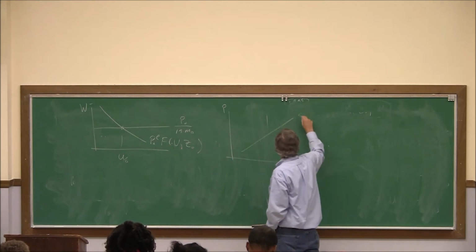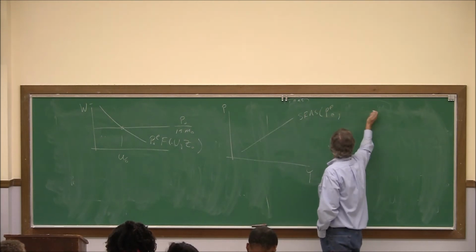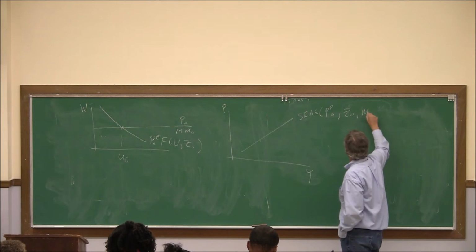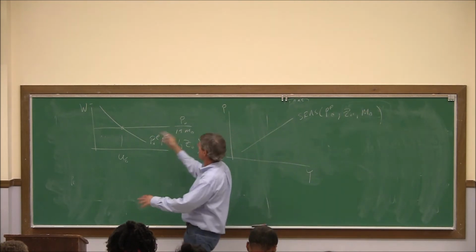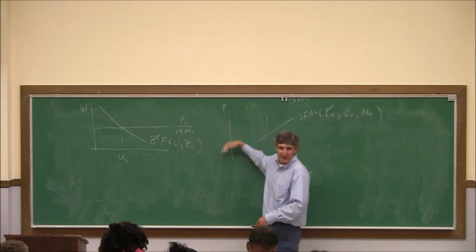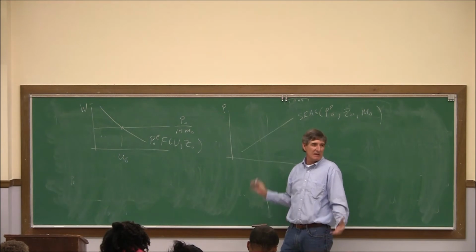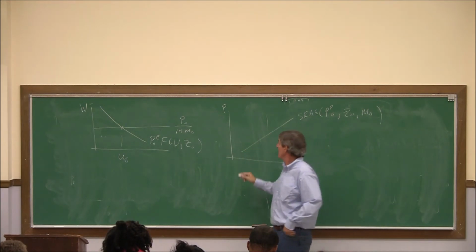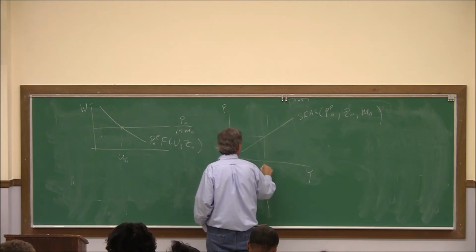So this is the short run AS we've already derived for PE0, Z0, and M0. These axes don't line up, so there's no reason to make them the same. They're just side by side because it's convenient. There's nothing to match. So at P0, we're at Y0.